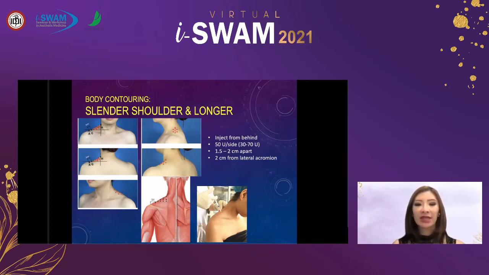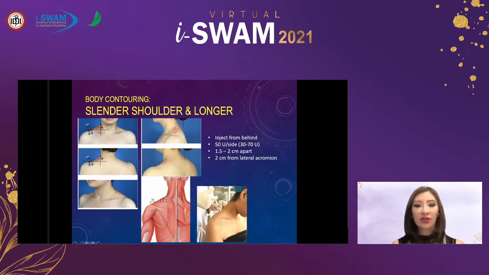For the injection sites, make a straight line from the lateral side of the neck, and then at the lateral of the acromion, make a sign 2 centimeters away from the acromion, and then make points 1 to 2 centimeters apart. You can inject here, and each injection you can give like 4 to 5 units.